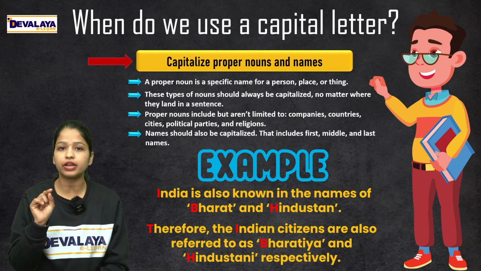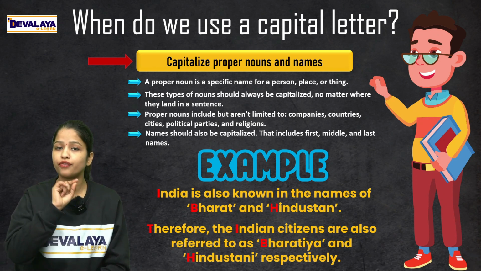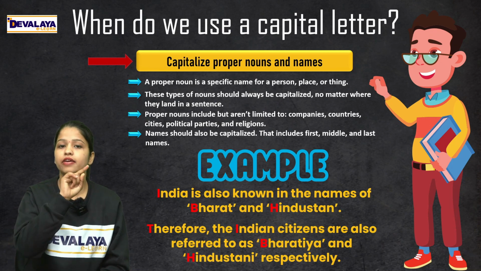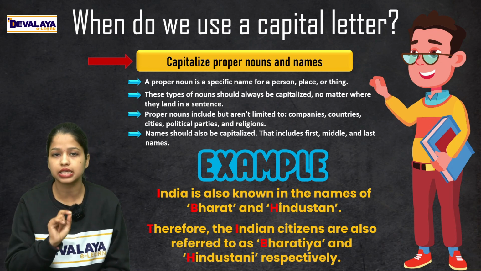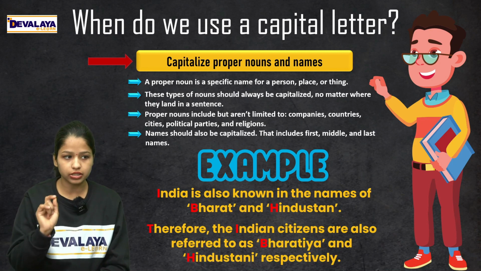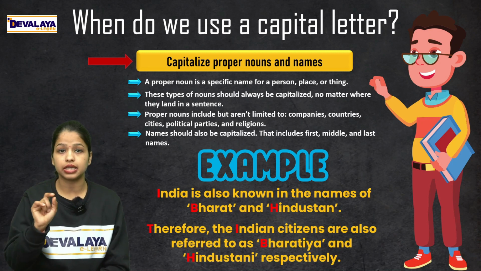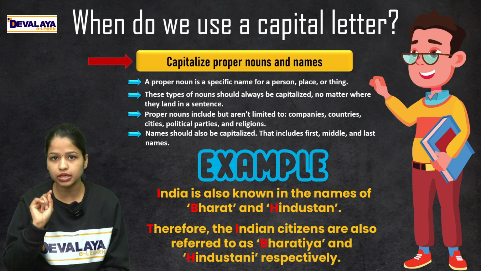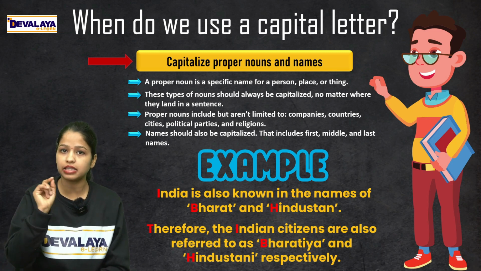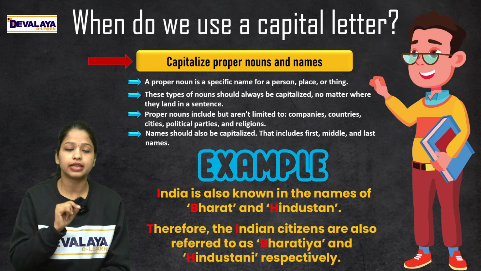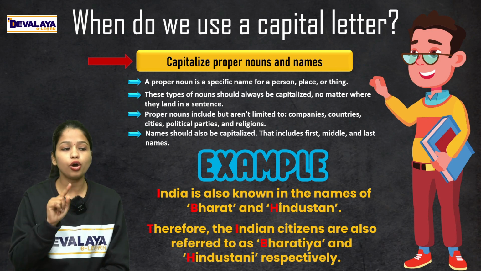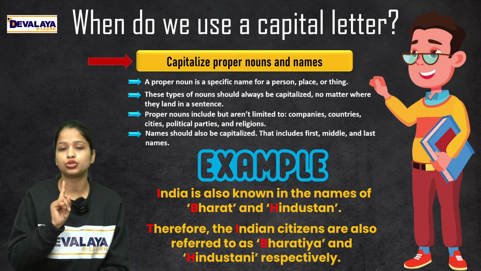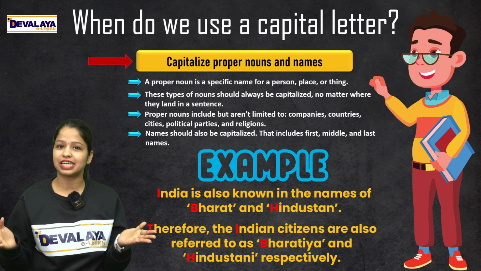We are referring again, therefore. Therefore is the first letter of this sentence. That is why we have capitalized T in therefore. Clear? After this, Indian citizens. Indian citizens, I we have capitalized because this comes in a proper noun. Then Bharatiya again is a proper noun, that is B. Then Hindustani is H. All of these letters, if they are proper nouns, at that time they also should be capitalized. Is it clear this much?